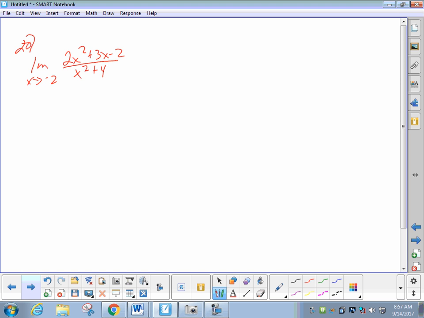X-intercept. If the top equals 0, the whole thing equals 0, which means y equals 0. That's the x-intercept. What if the bottom equals 0, but not the top? Vertical asymptote. What if you get 0 over 0?